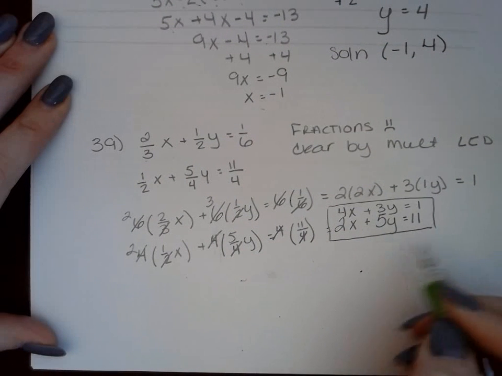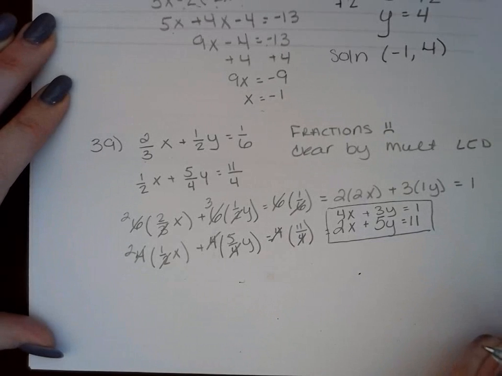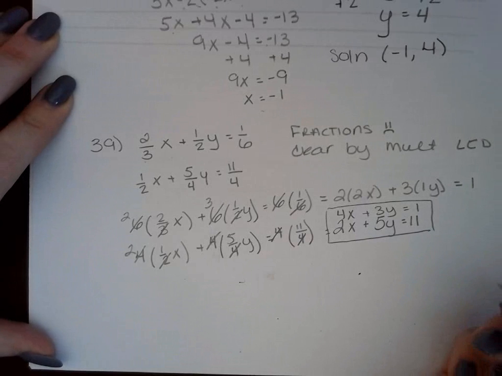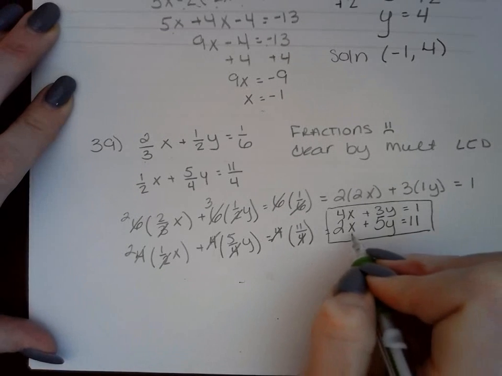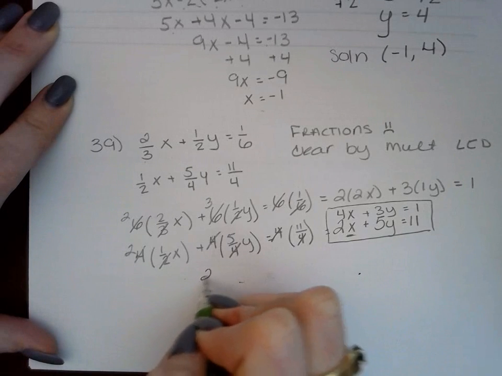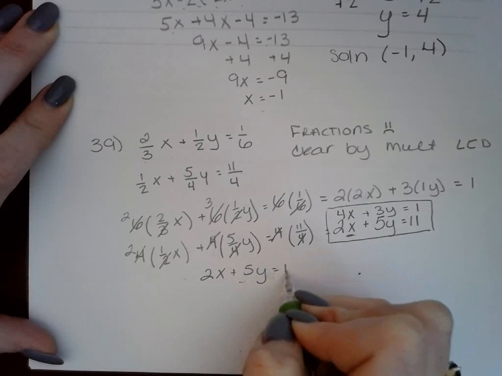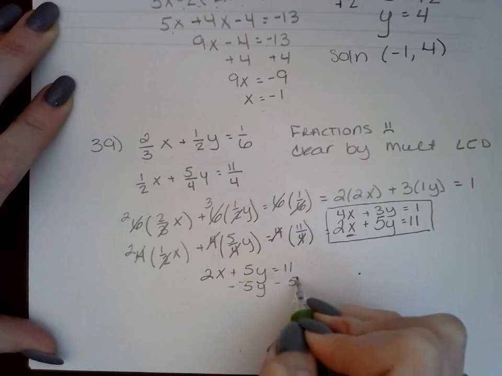So we need to isolate a variable. Up to you what variable you'd like to isolate. Again, these aren't the only ways of doing this. Right? I'm going to say let's isolate this x. So we have 2x plus 5y is equal to 11. I have to take the 5y away from both sides.